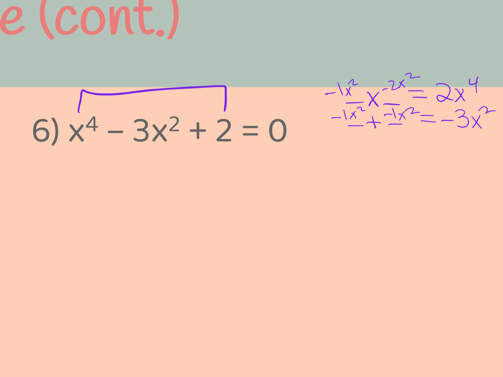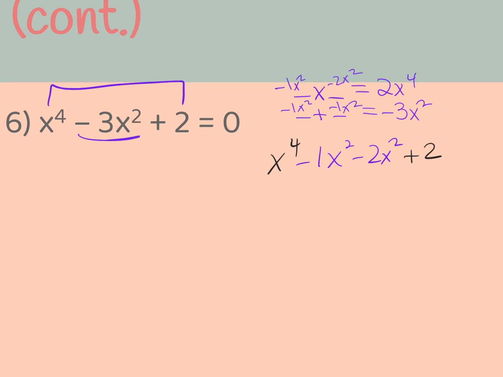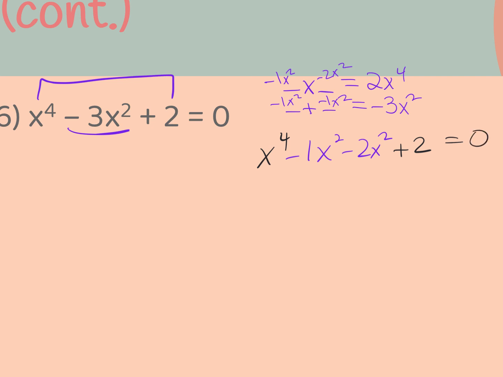So now, if I factor by grouping, and I'm going to show you guess and test right below it. So if I do the factor by grouping, I'm going to go ahead and get x to the 4th, rewrite the first term. I'm replacing the middle here with these two terms. So negative 1x squared minus 2x squared, and then the last term, the positive 2. And this all equals 0. Make a red group and a blue group.